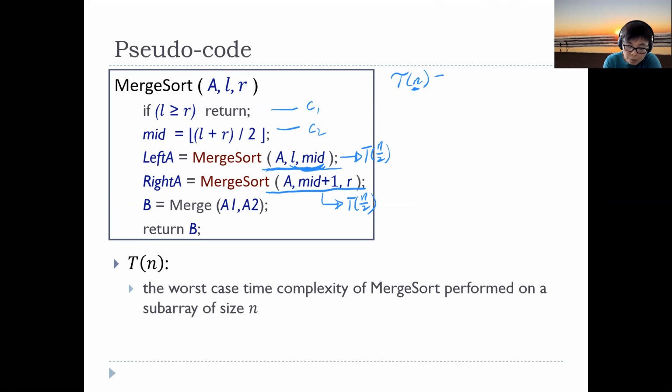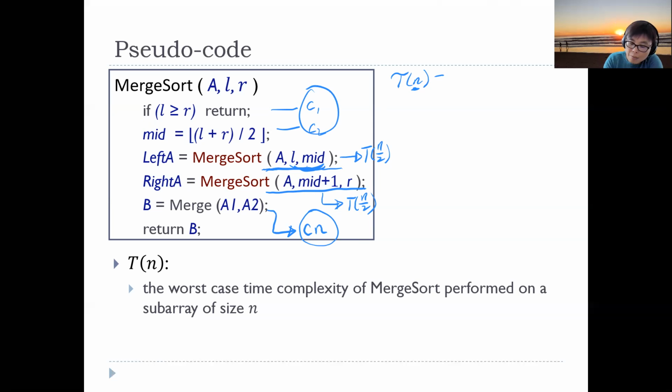And this merge procedure, we just said, takes time proportional to the sum of the sizes of the 2 input subarrays. Each of these input subarrays is of size n over 2. So the merge takes time Cn. Putting all of this together, this is still dominated by linear.